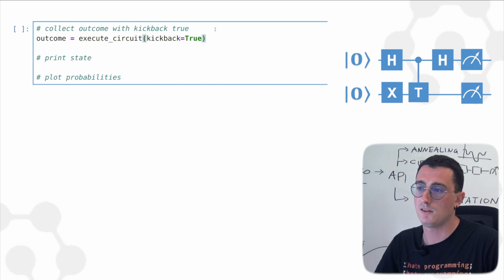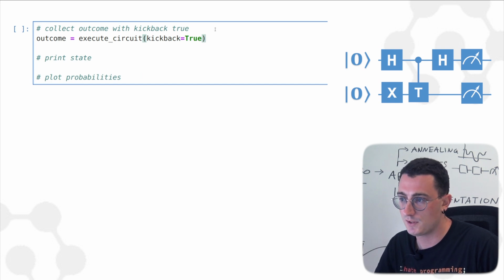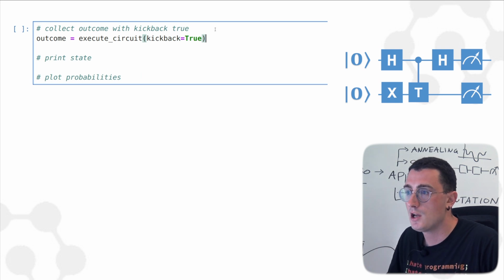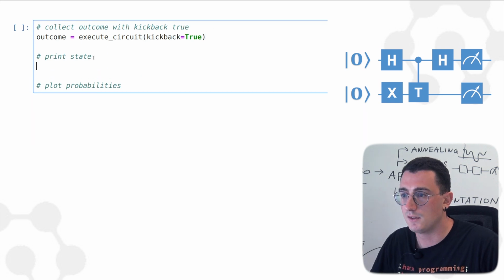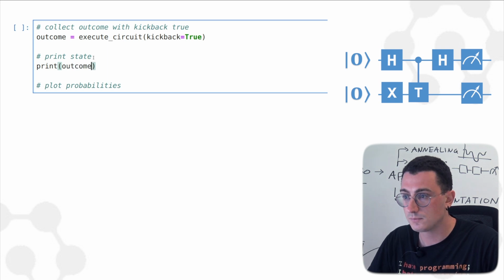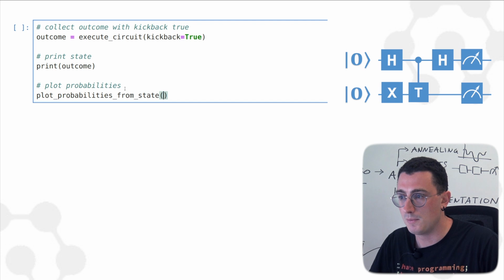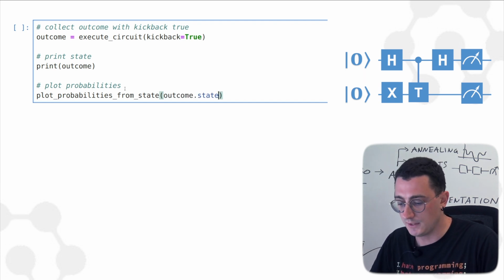So what we expect is that now we are applying a controlled gate on the ancilla, controlled by the input register, which is in the superposed state, and we expect to have some modification of the amplitude of the input register. Again, we can print the state, so we can say print outcome, and we can call the plotting function, plot probabilities from state, outcome dot state.